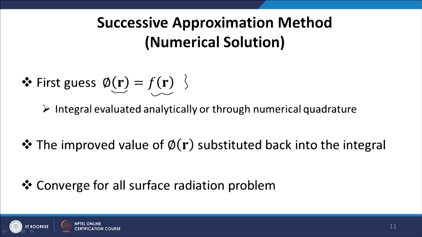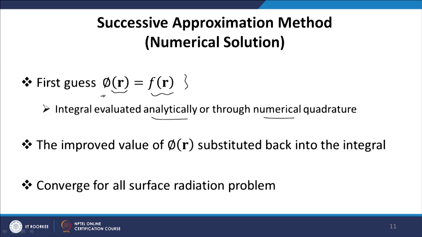We substitute this function into the integral and solve the integral either analytically or using numerical quadrature. Once the integral is solved, we get a new value of the function phi r. Then this value of phi r is again substituted into the integral, and a new solution is found. So, this is an iterative method.